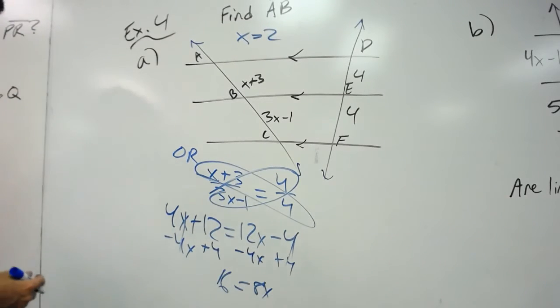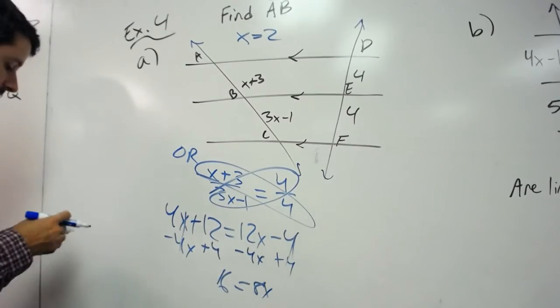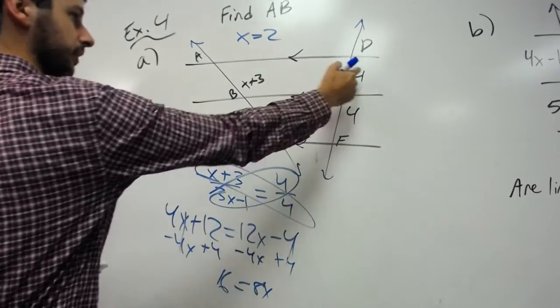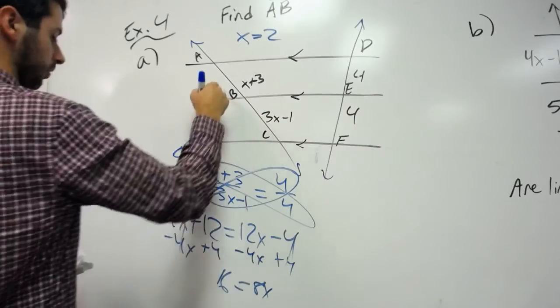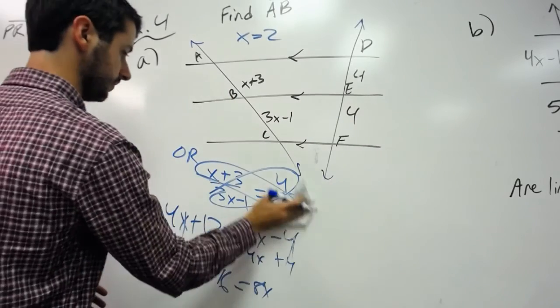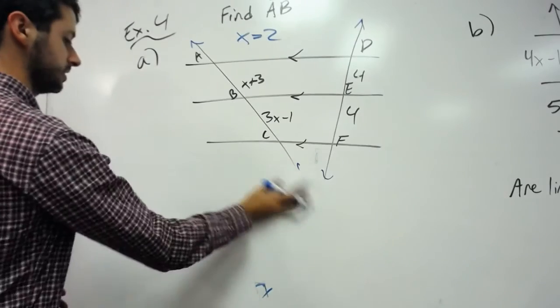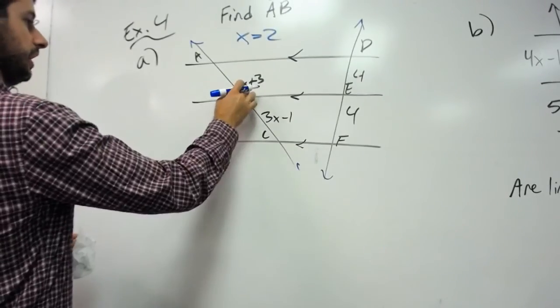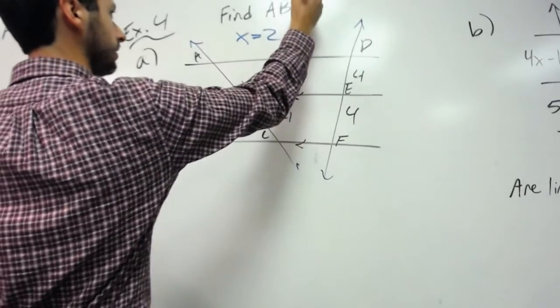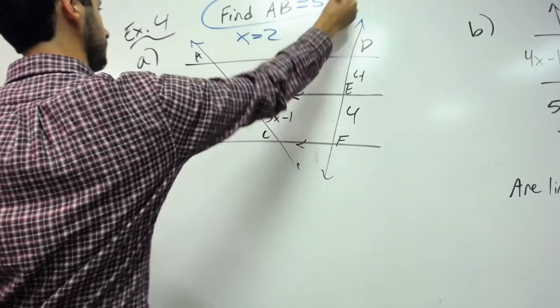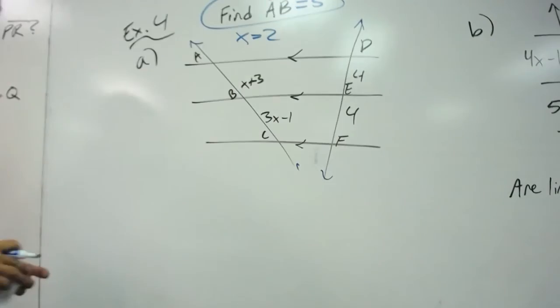So you get the same answer. Either way works. You can go left to right proportions or top down proportions. It wanted to know side AB, so we simply plug in the 2 for x, and therefore AB equals 5. 2 plus 3, 5. I like that one.